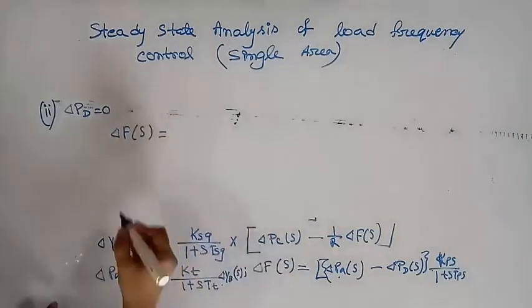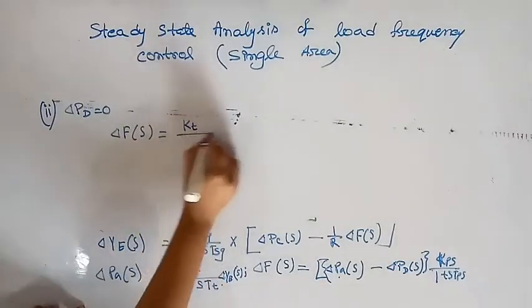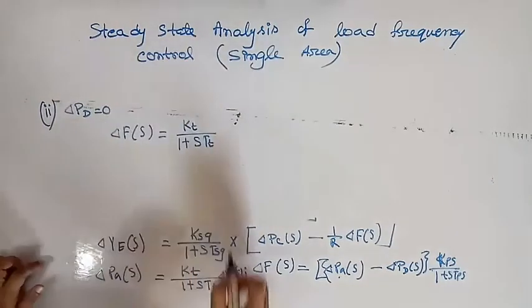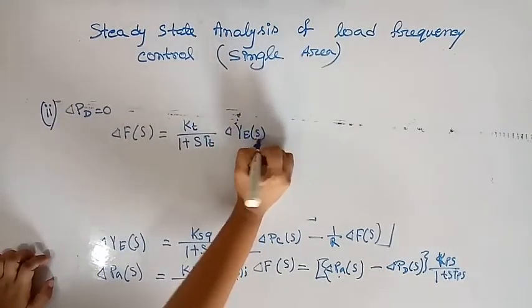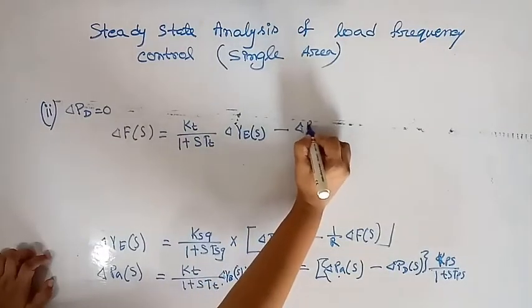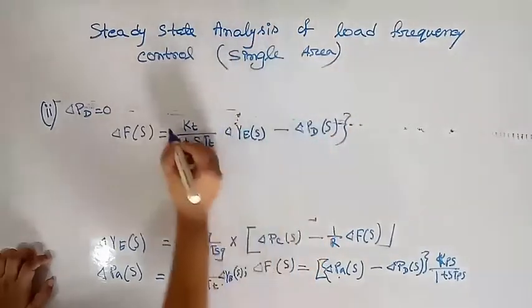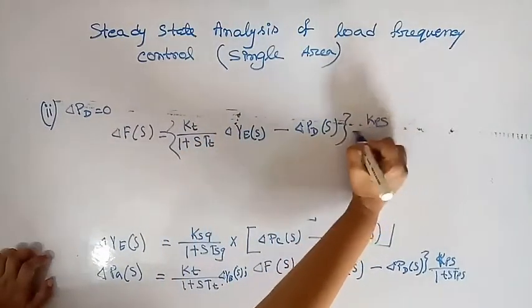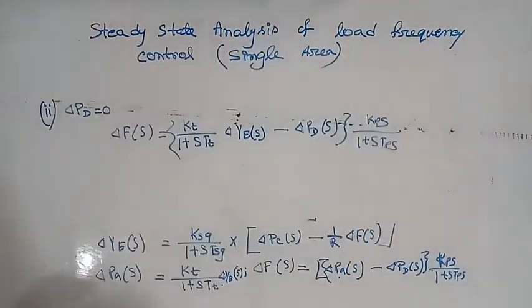Now I put the value of delta PGS, which is KT by 1 plus S TT into delta YS.